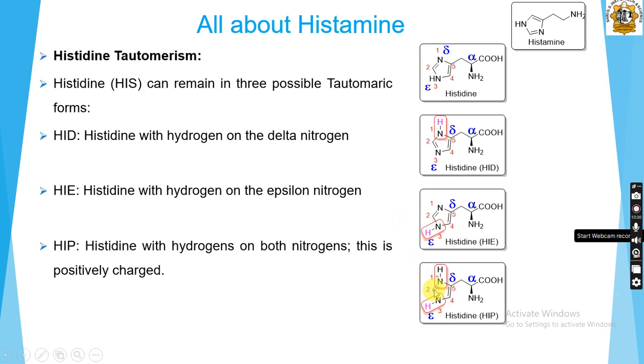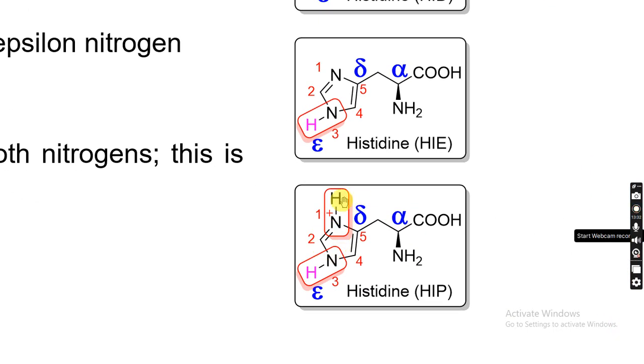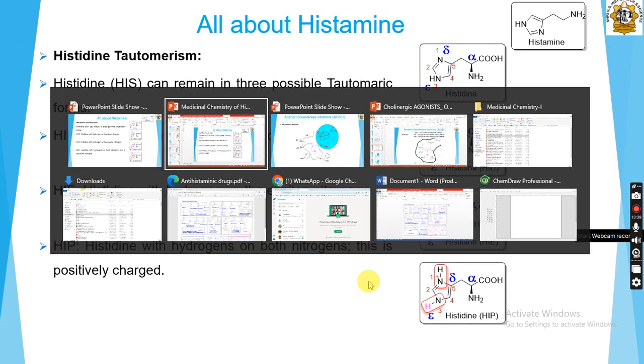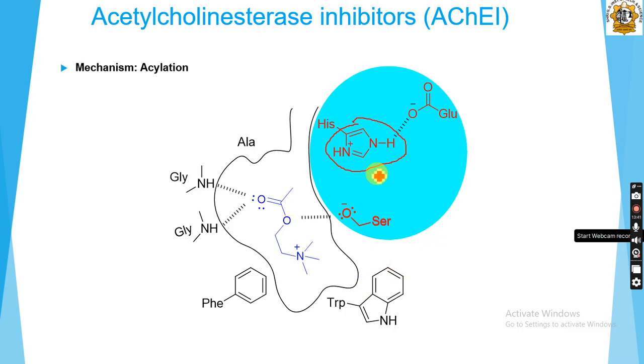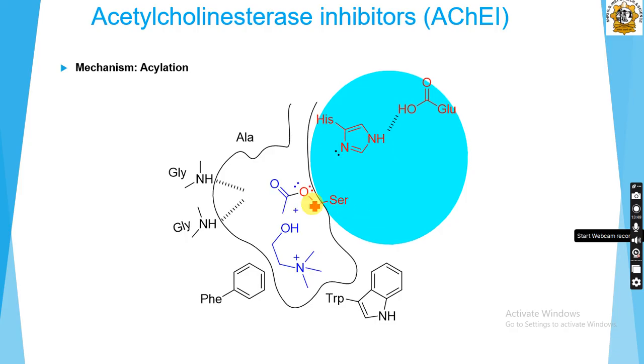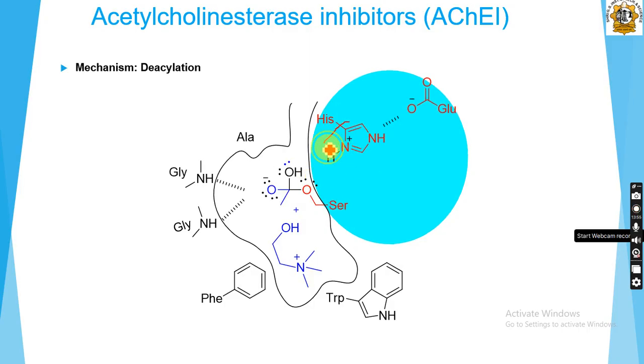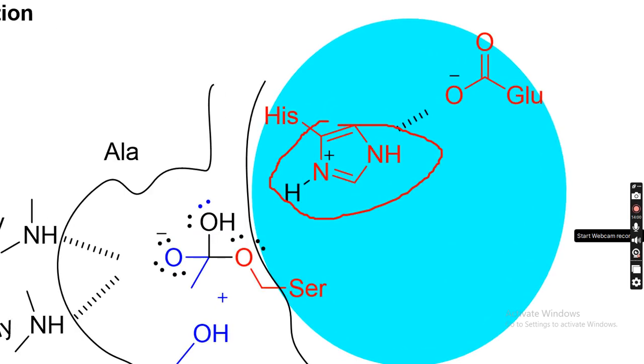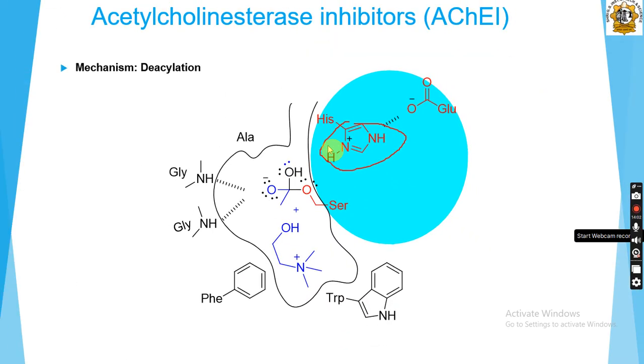Based on the environment, it can form different tautomers. This one will abstract hydrogen, then it will catalyze the acetylcholinesterase reaction. Again it gets deprotonated, protonated. So that's why this is very important. This amino acid becomes very important in many biological areas.